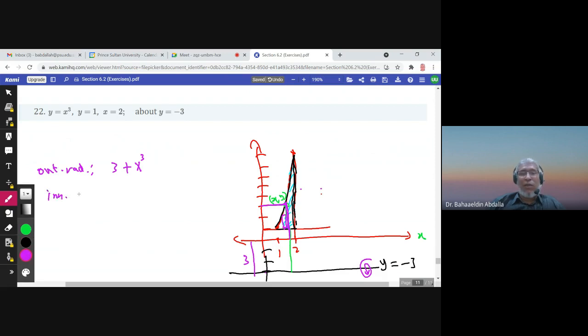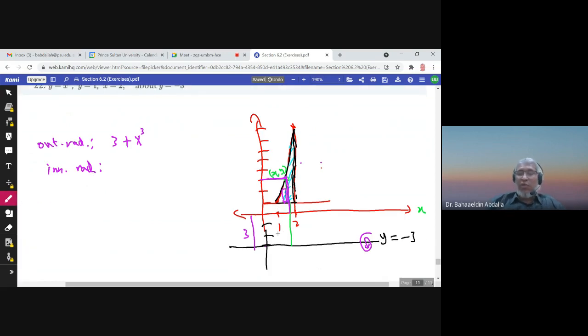Inner radius. For the inner radius, I will go from the axis of rotation to this line, because it is the inner one. Okay, it's below this one. This is the line y equals 1. So the distance is 4. So the inner radius is 4.